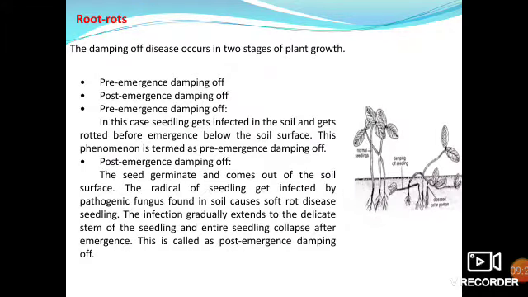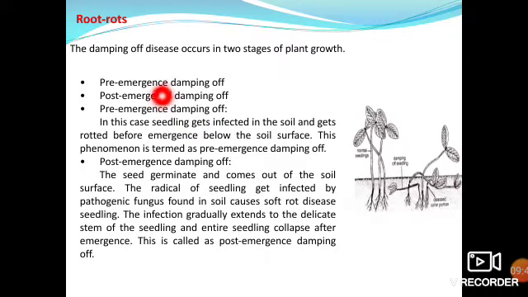Okay, next disease, that is the root rots, also known as damping off disease. The best example is seen in damping off of mustard, or mohri.